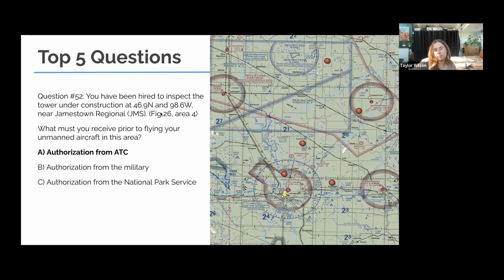You'd have to do that by multiplying it by 6. And so it'd be 46 degrees, 54 minutes north. And then the other one was 0.6. You multiply it by 6, we get 98 degrees, 36 minutes west. So you might see it written like this, and if it is, you just have to convert it into minutes. Why they do it both ways, I'm not sure, but just to point that out.